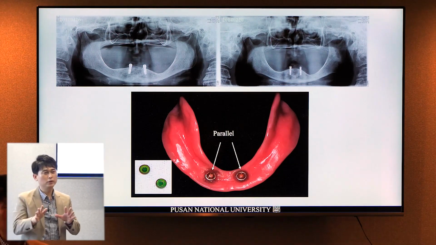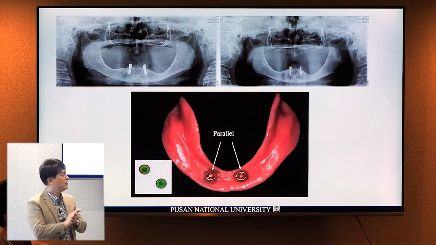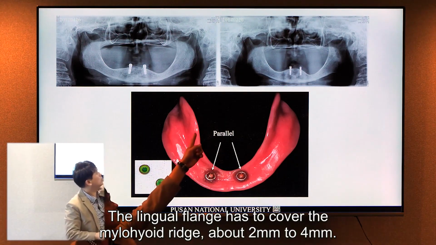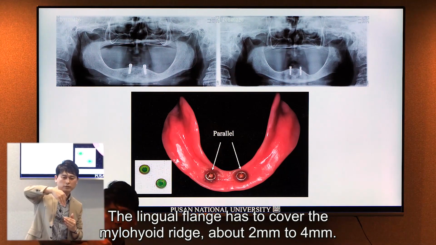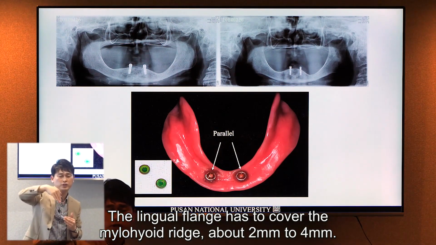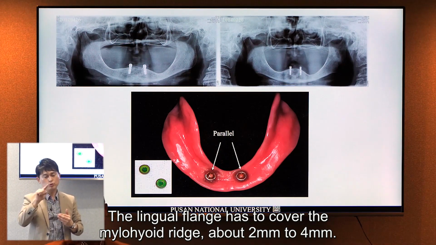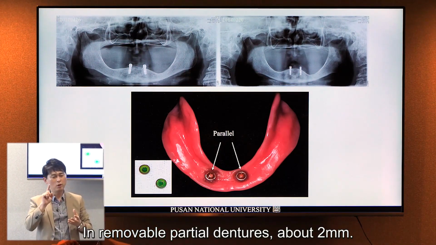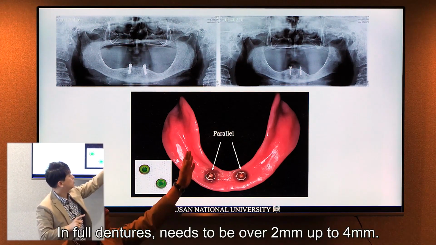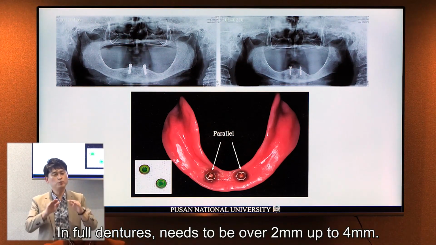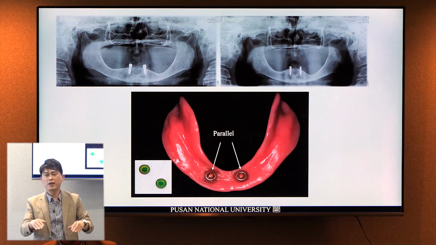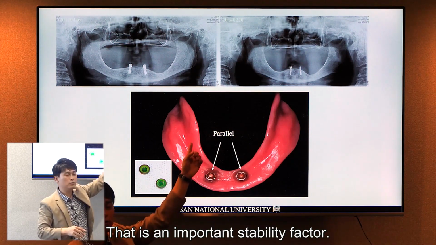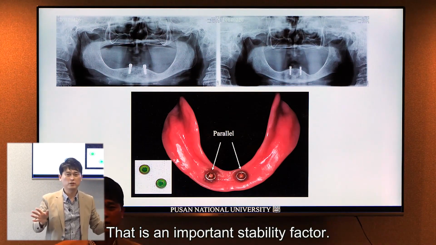Anyway, the lingual flange has to cover the myohyoid ridge by about 2 to 4 millimeters. In a removable partial denture, about 2 millimeters. In a full denture, it needs to be over 2 millimeters up to 4 millimeters. That is a good, important stability factor.